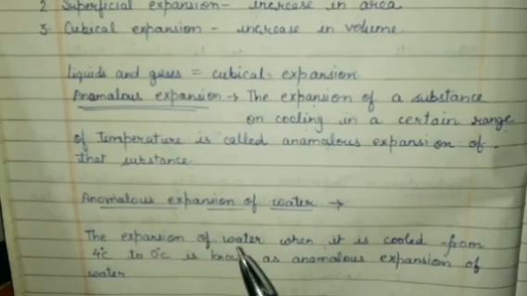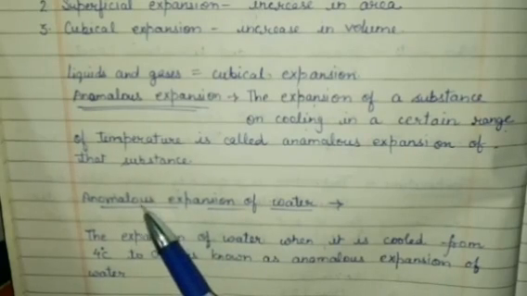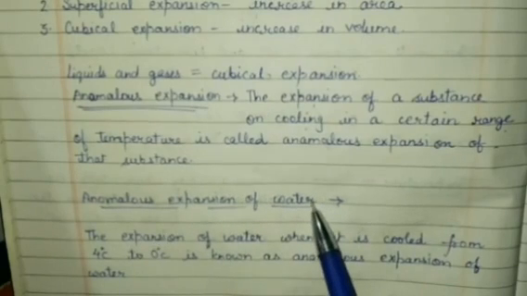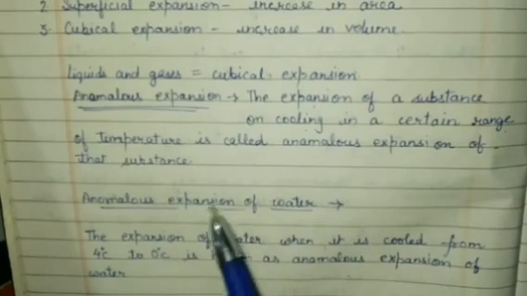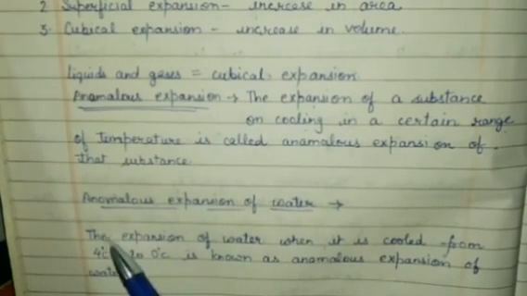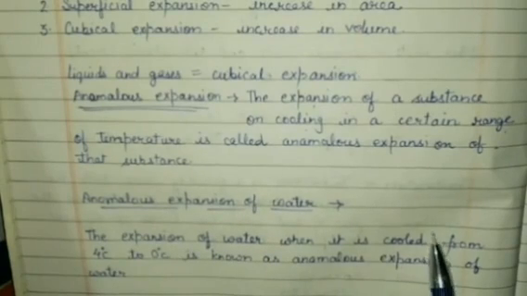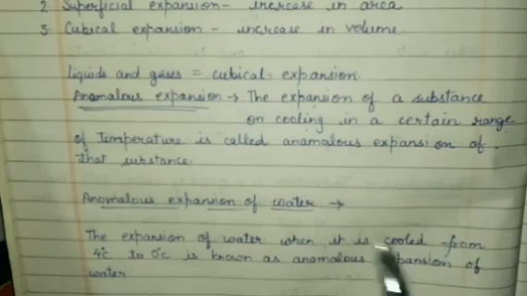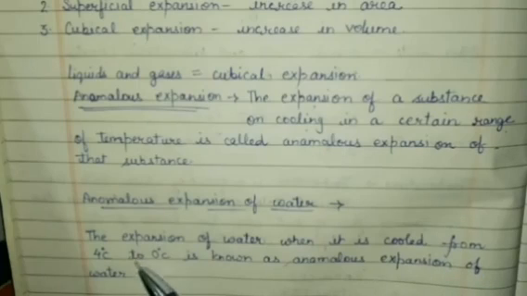According to your syllabus, we will study about anomalous expansion of water. And what does it state? It states that the expansion of water when it is cooled from 4 degrees centigrade to 0 degrees centigrade is known as anomalous expansion of water.